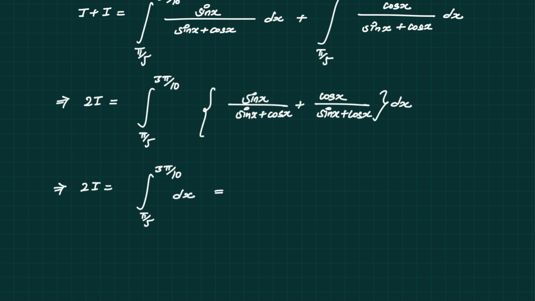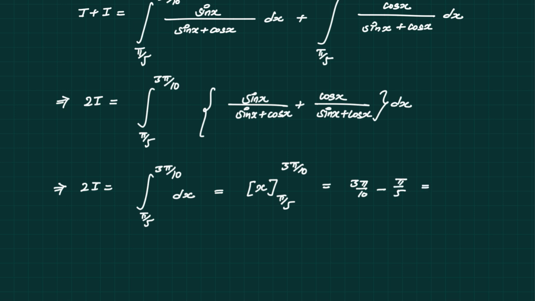So this equals integration of dx is x, but my lower limit is pi over 5 and upper limit is 3 pi over 10. So putting the upper limit, we will have 3 pi over 10 minus inserting the lower limit, we will have pi over 5.